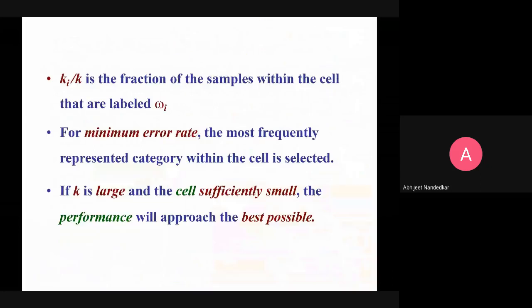That means we will search for k samples around the test sample, and then we will analyze those k neighbors of the test sample and check which class has the highest members in that. So that becomes our decision.